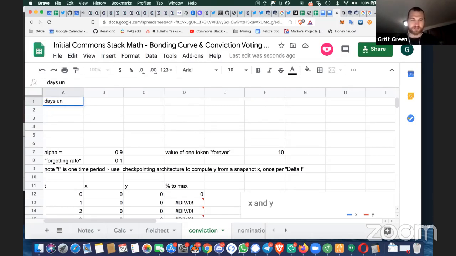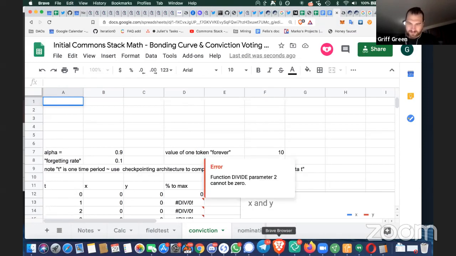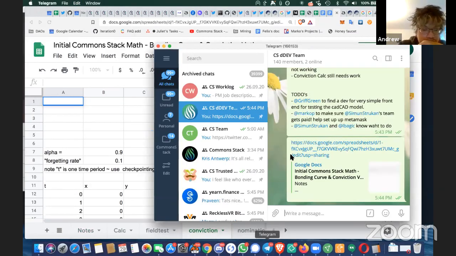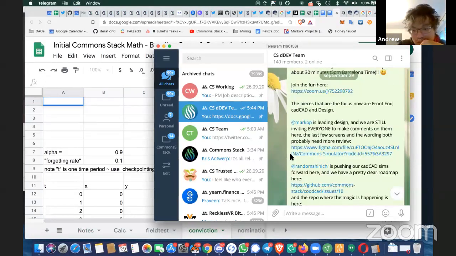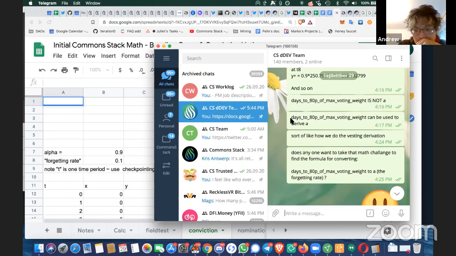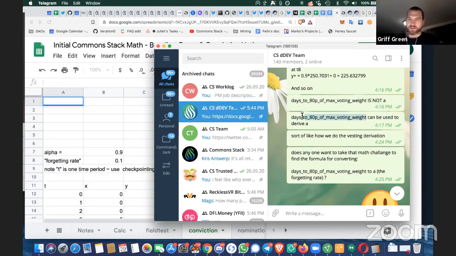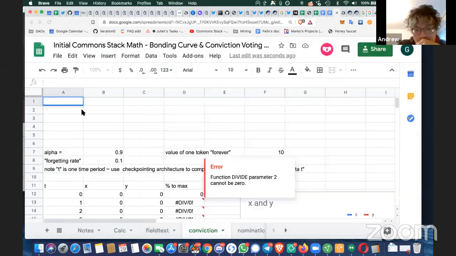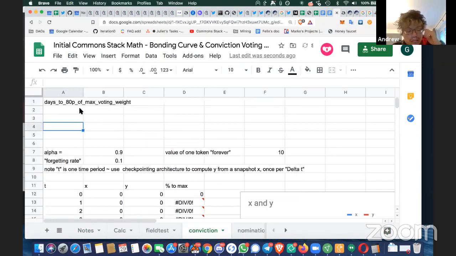Okay, so we have days until, what's it called? Days until 80% of maximum voting power. Yeah, I couldn't find it in the code. It's referenced a lot in the policies, and it's defined in simulation.ipynb.